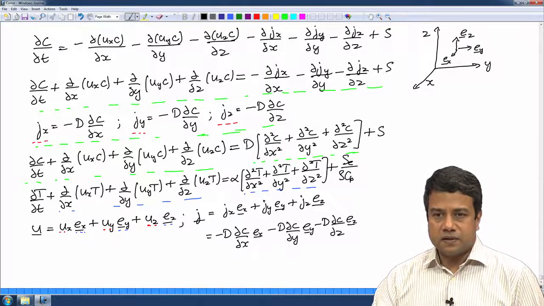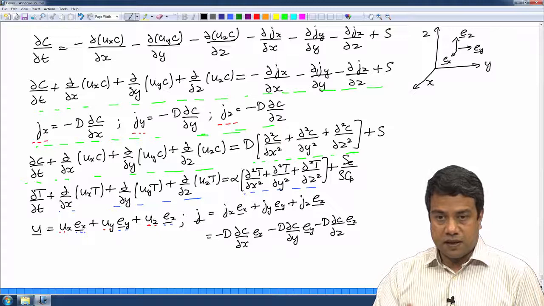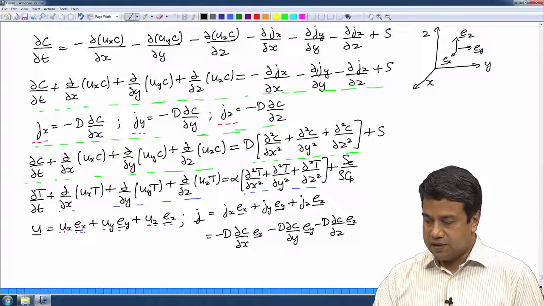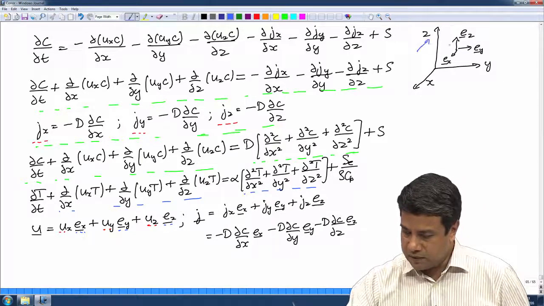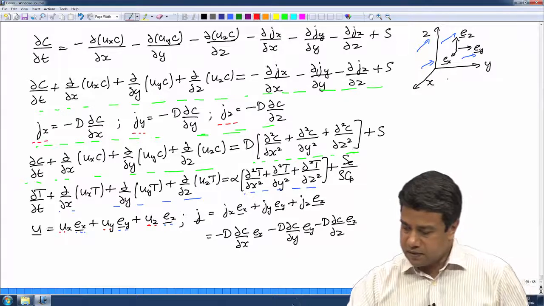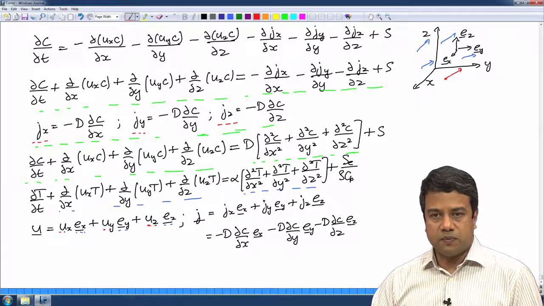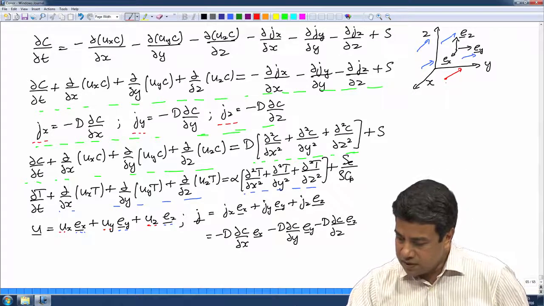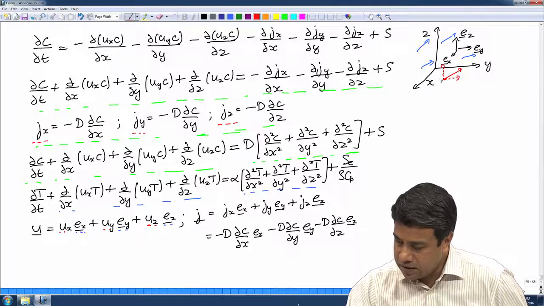So, I can write the flux also as a vector. The flux has a direction. There is a particular direction in which that mass transport is taking place. Just as the velocity is a vector at some point in the flow, the flux is also a vector. At any location, it could be in one particular direction. I can resolve that vector into the fluxes along the x, y, and the z directions.